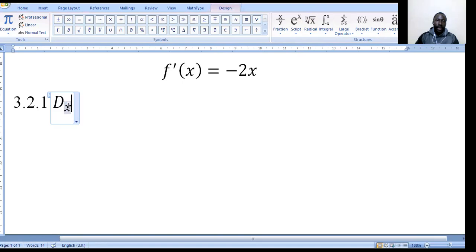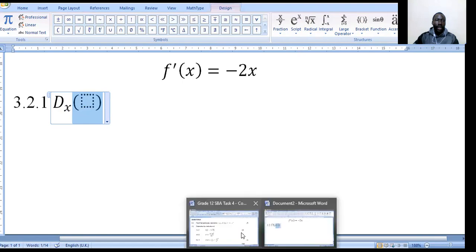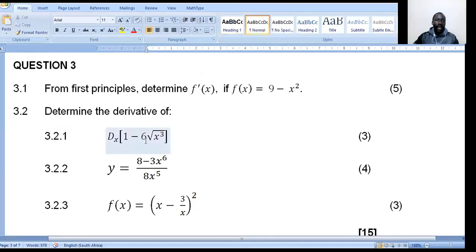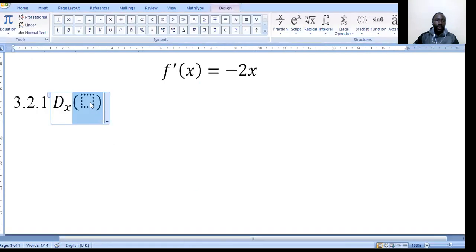Dx of 1 minus 6 square root of x cubed. Let me just use a different bracket, this one is not the best for us. All right, so there we go.